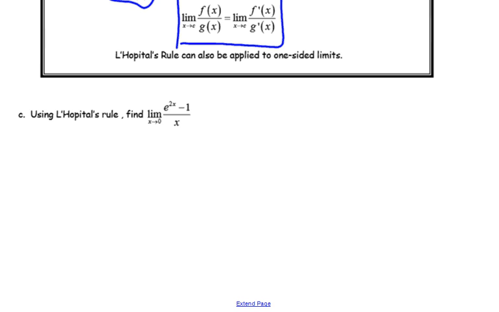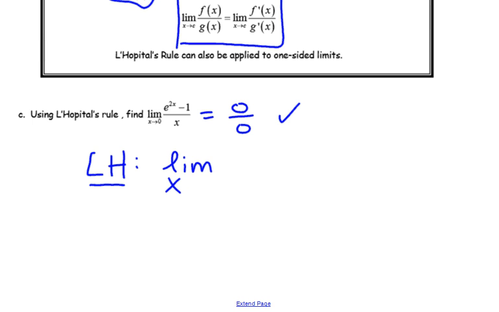In part C, we have the same example. We already got an indeterminate form of 0 over 0. What I like to do is show what that limit would equal if I just plugged in the c, the 0 here, and see if I get a L'Hopital's rule form, which again is 0 over 0 or infinity over infinity. That's my scratch work. So I got 0 over 0, which means yes, I can now apply L'Hopital's rule, which for the sake of this video, I'm going to write as LH.